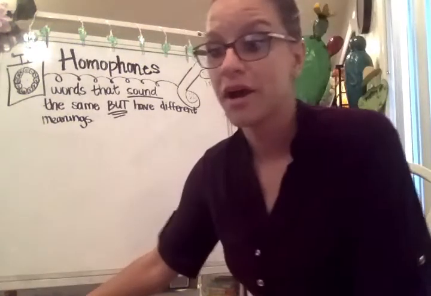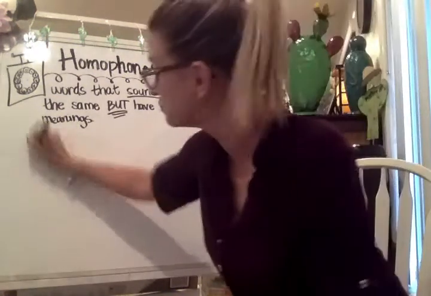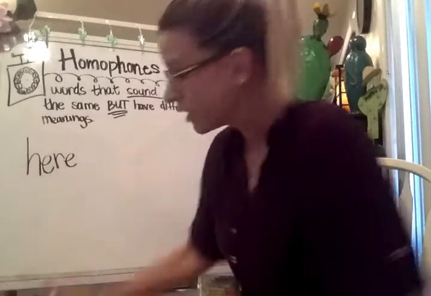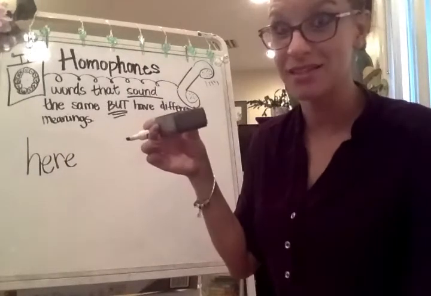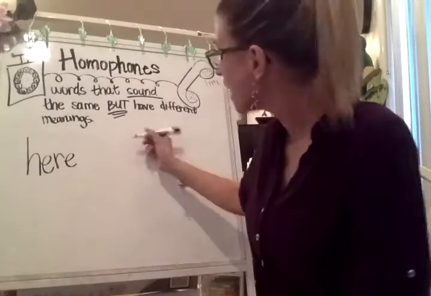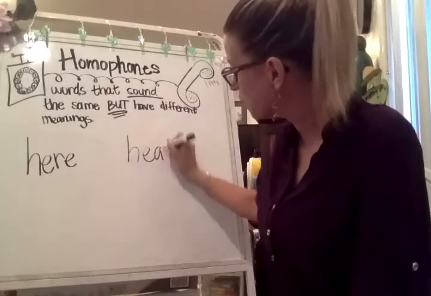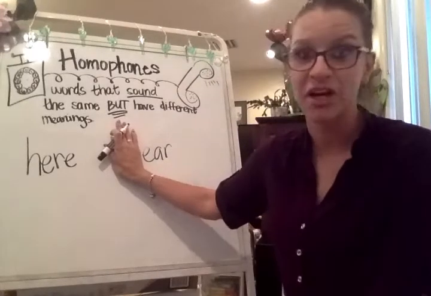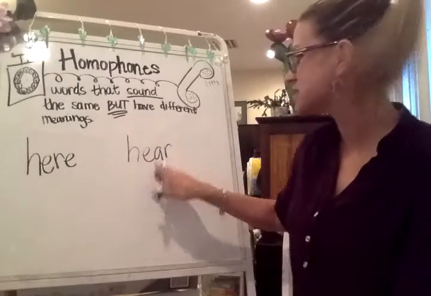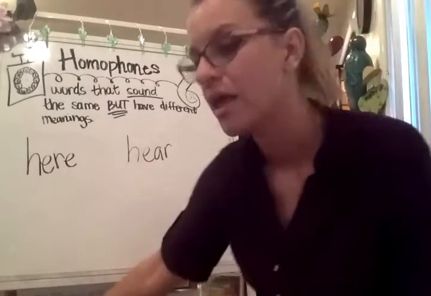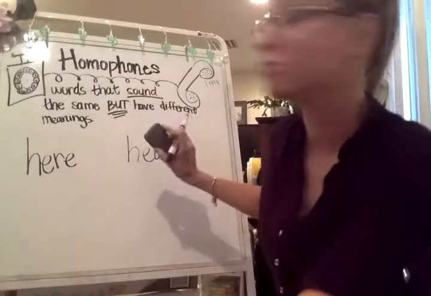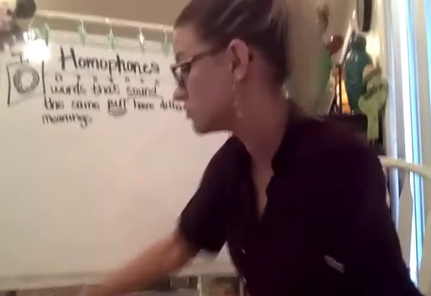A few more. Here is my eraser. Here. This is a location. It's where it is. The other hear has a hidden word inside of it, ear, E-A-R. This is the hear that you hear with your ear. That's pretty easy to remember. Let's see. I'm trying to remember some homophones.